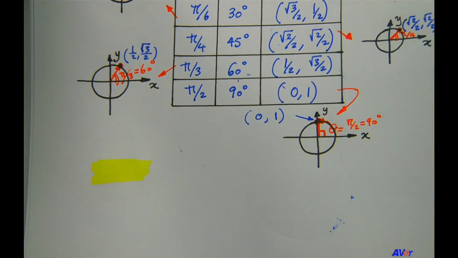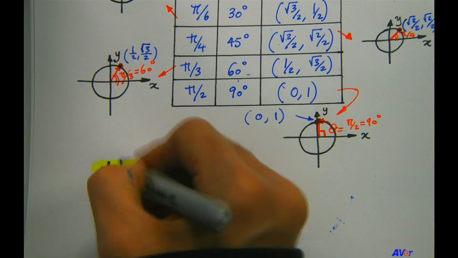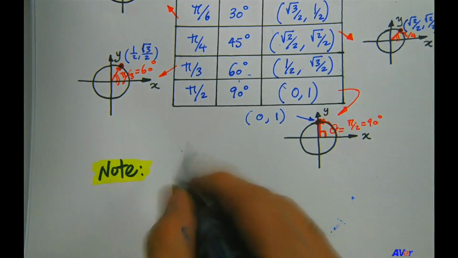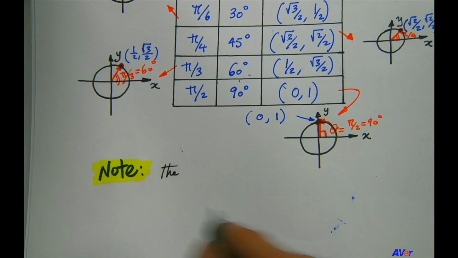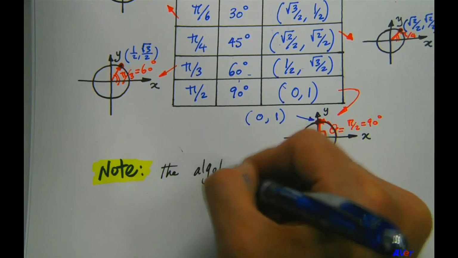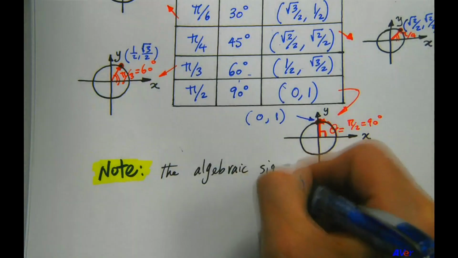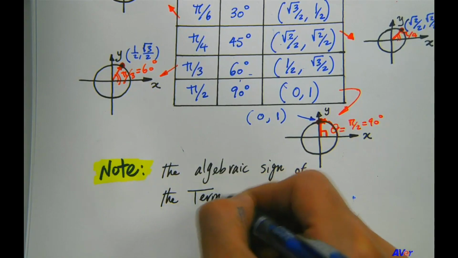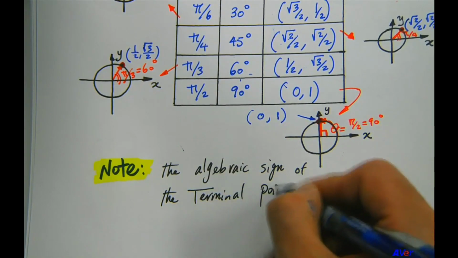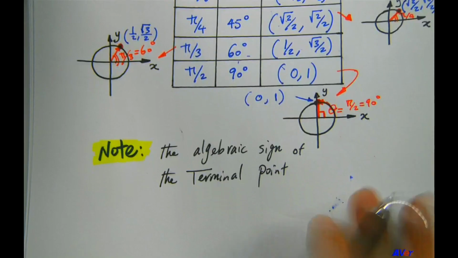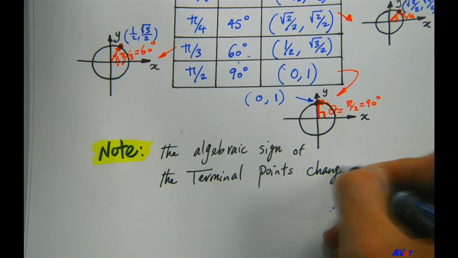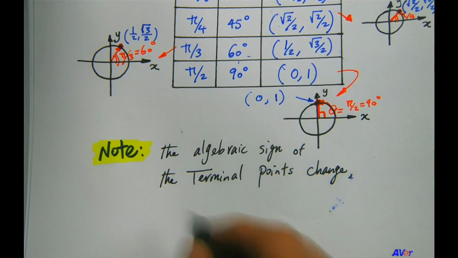So we say, note, the algebraic sign of the terminal point or terminal points change according to the quadrant in which they're in.